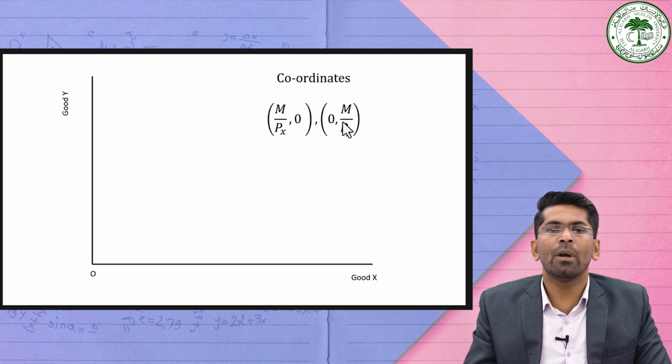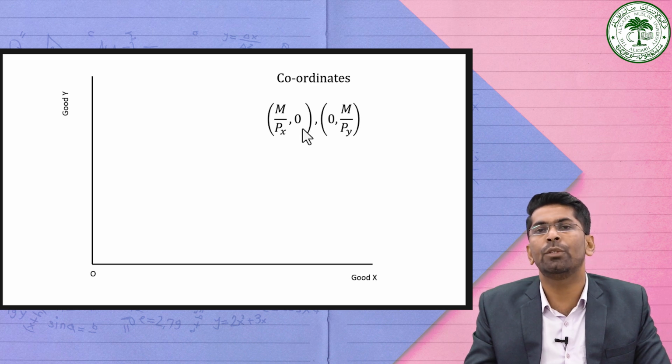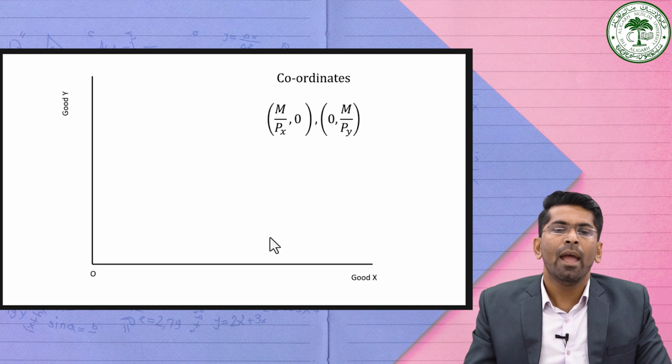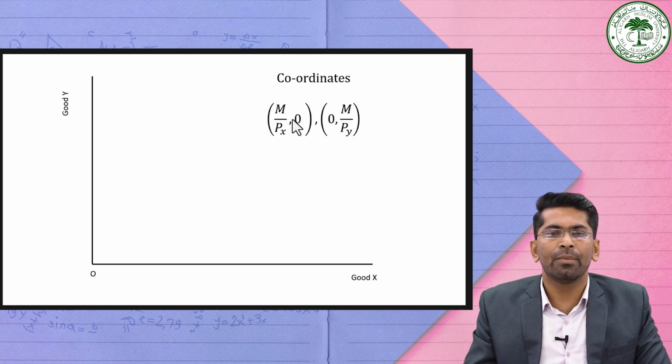So we got the two intercept terms, and these are nothing but two coordinate points. Here we are going to draw the graph, by taking commodity X on the x-axis and commodity Y on the y-axis. Then we will plot these coordinate points on the graph.